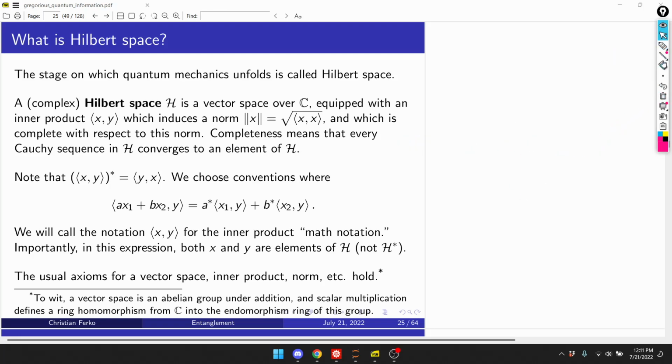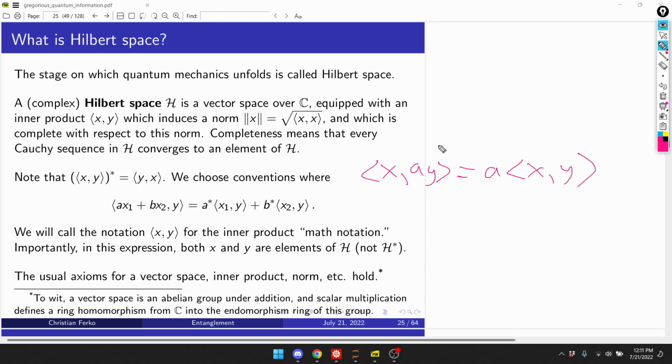So this guarantees that. We're going to choose conventions where the first slot of the inner product is called antilinear. What does antilinear mean? It means that for a vector in the first slot that's a linear combination, you pull out the scalars and complex conjugate them. So if you pull out the a, it becomes complex conjugated. But if it was the other way, if it was x with a y, then that's just a times x with y.